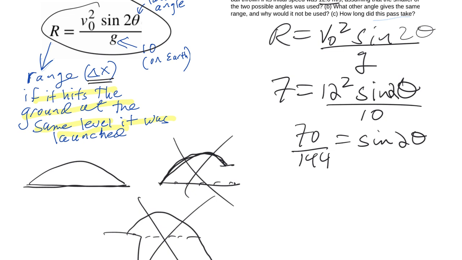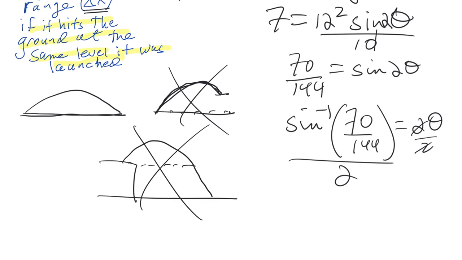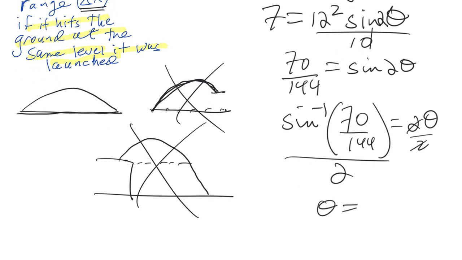To get rid of the sine, you take inverse sine of the other side. Then you'll have to divide by 2 to get rid of the 2. Okay? So I get theta equals 14.5 degrees. Pretty cool.